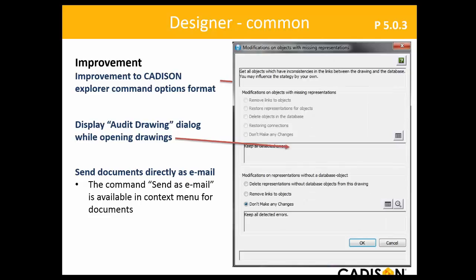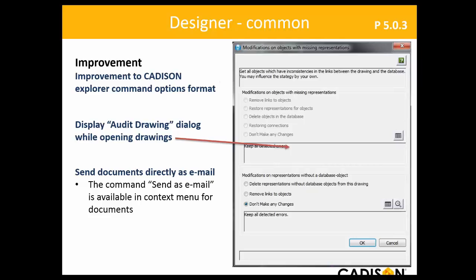Then the next dialog, if the missing representations are there, is also completely new, and also here the function below is more reduced, so that whenever this dialog comes up, it will help you a little bit more and give you the right feeling to do the right things. Also here, more gray, not colorful.